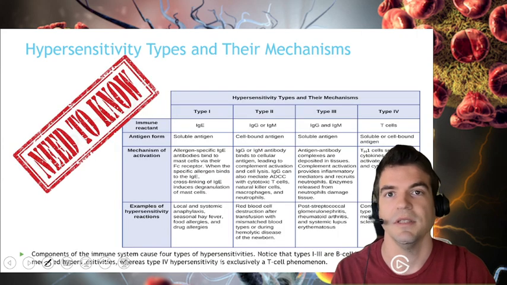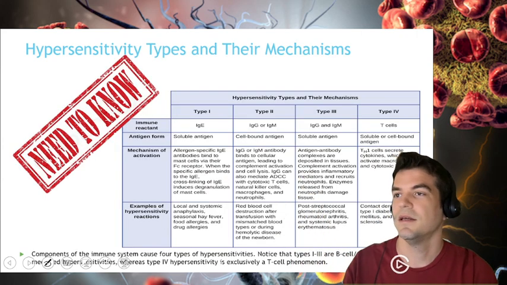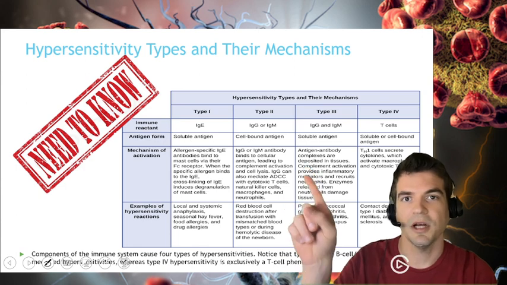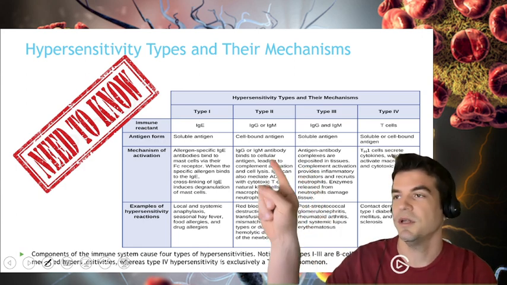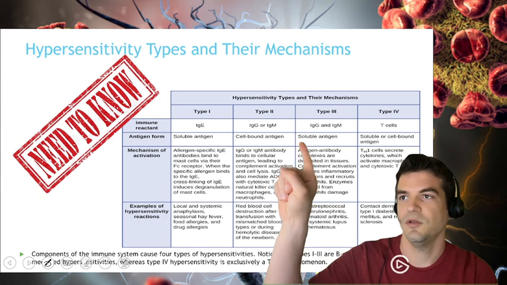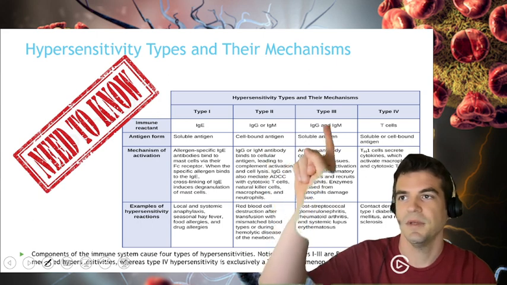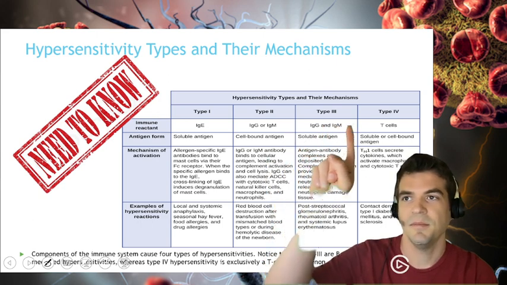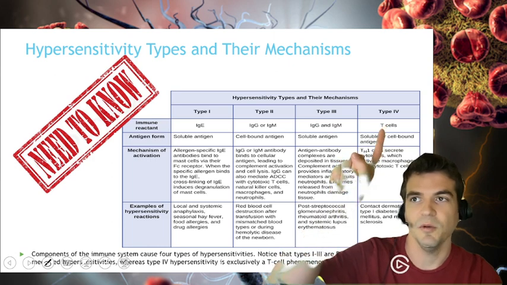All right, so here you can see all the stuff that we need to know for our hypersensitivities. Type 1, IgE; type 2, IgG or IgM; type 3, IgG and M; and type 4, no immunoglobulin, just T cells.